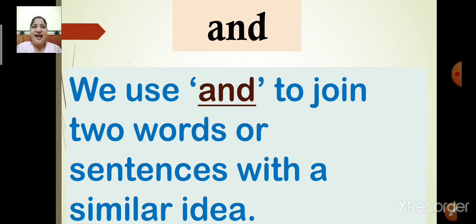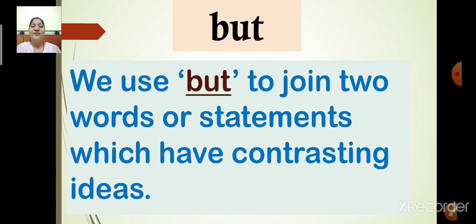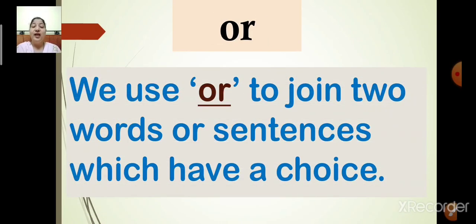We use and to join two words or sentences with a similar idea. We use but to join two words or statements which have contrasting ideas. We use or to join two words or sentences which have a choice.